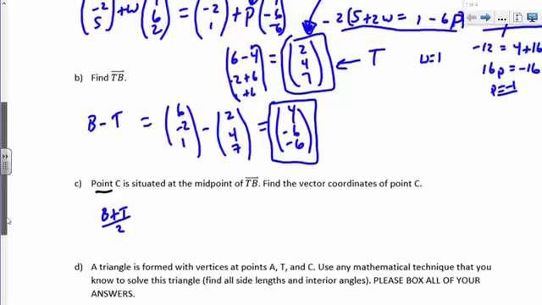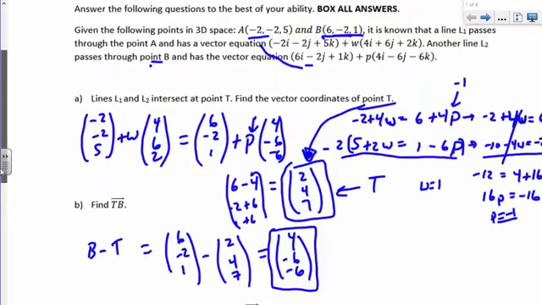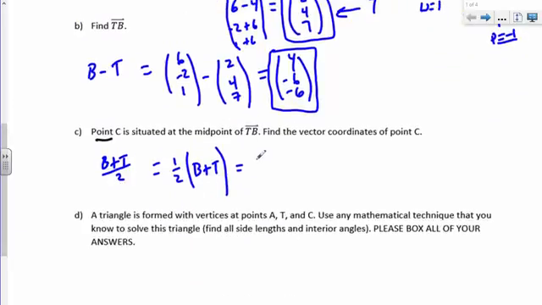So I really should say this is actually 1/2 the vector B plus T. Let's take a look at this. B is, again, 6, -2, and 1.